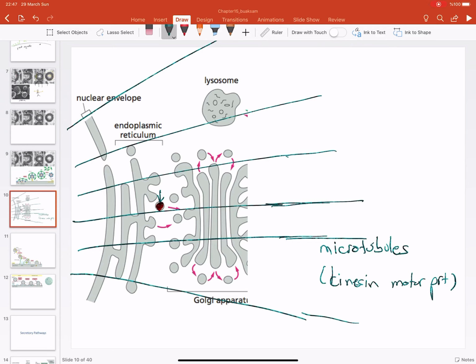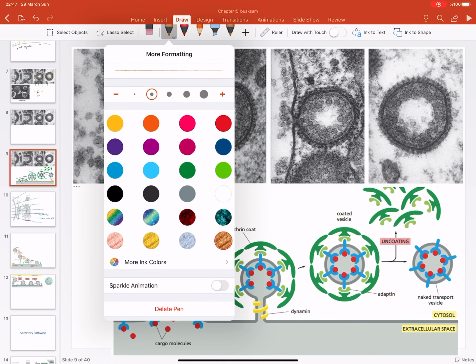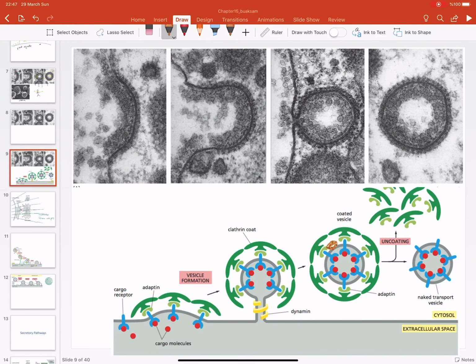But how is it going to know if it is still close to ER, if it came to Golgi, if the membrane it encountered is lysosome or another vesicle? Because of course it's going to come across a membrane, but it doesn't know which membrane it is, so there must be some marker. The nice thing is that when these vesicles emerge, it is not only clathrin, adaptin, and the receptor proteins, but they also carry, let's make it this colorful thing, a protein called RAB.